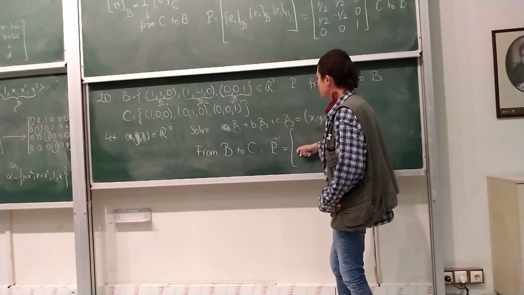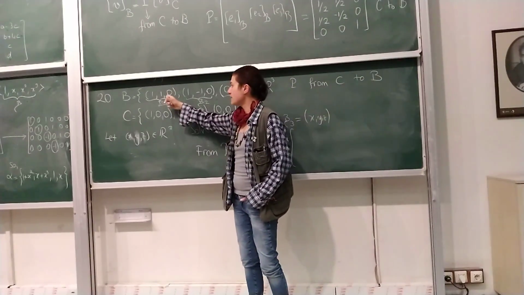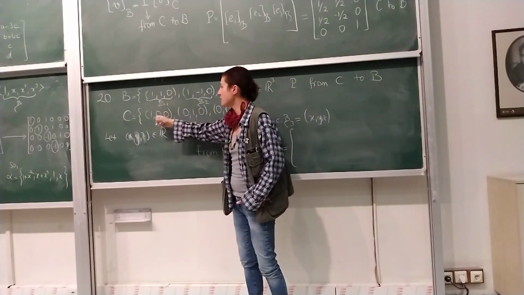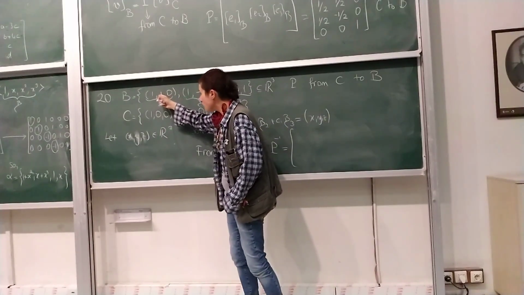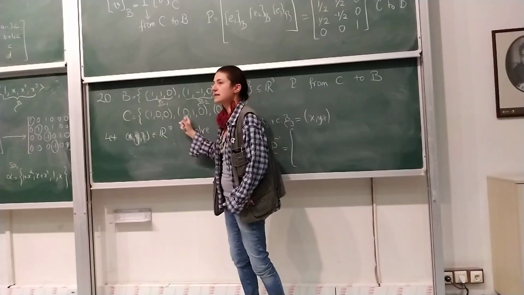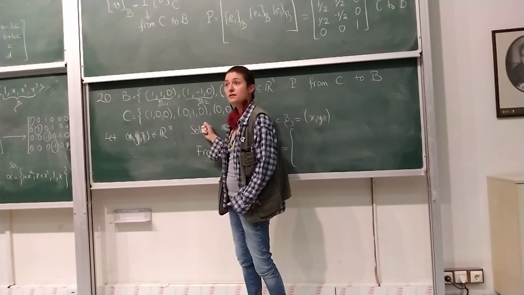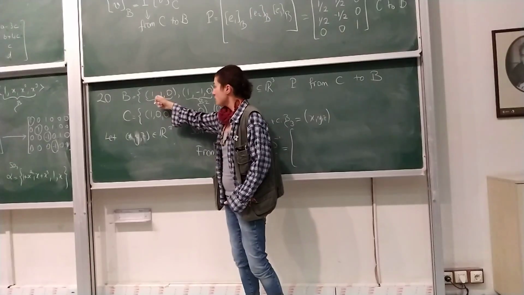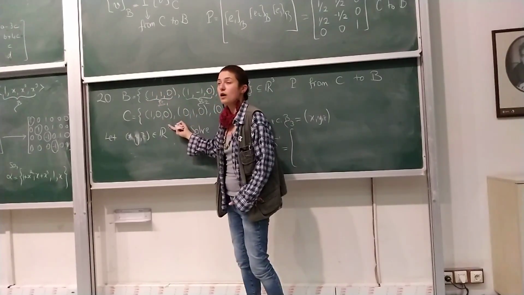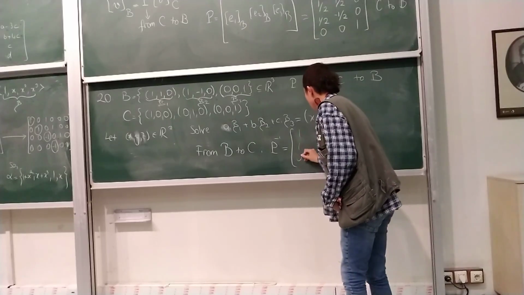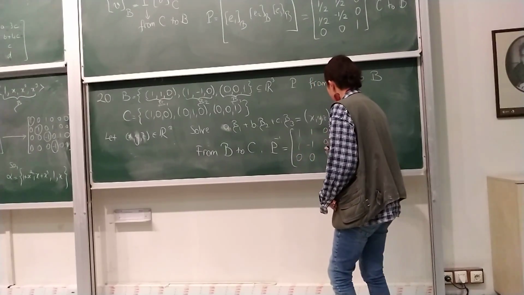I'm going from B to C. I will take the vectors from B and look at the coordinates in C, right? What are the coordinates of this vector in C? Thank God this is the standard basis, okay? The coordinates of 1, 1, 0 in the standard basis are 1, 1, 0. That's it. 1, 1, 0, 1, minus 1, 0, 0, 0, 1.